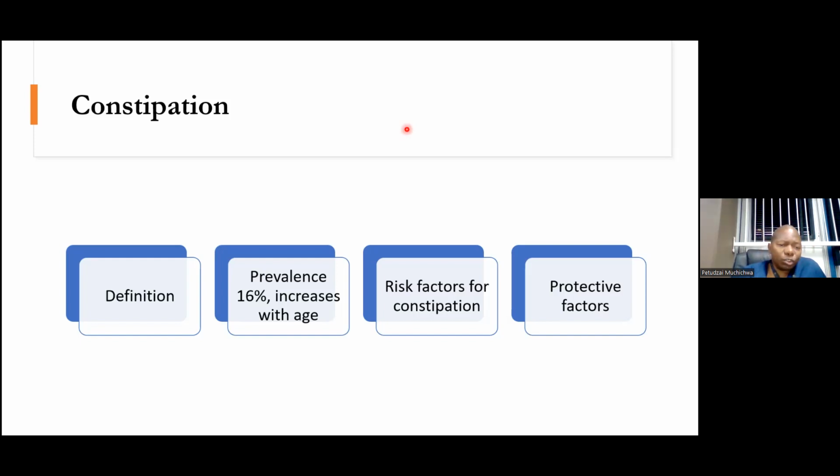This often relates to difficulties in defecation, which involves infrequent bowel movements, hard or lumpy stools, often associated with excessive straining and a sensation of incomplete evacuation or blockage. Also, the use of manual maneuvers to facilitate evacuation forms part of the definition of constipation. The time frame we look at for chronic constipation is 3 months.